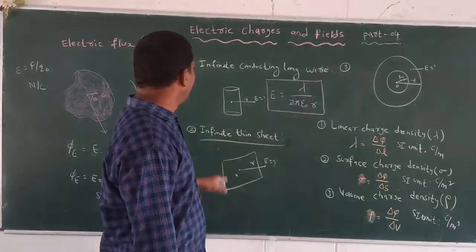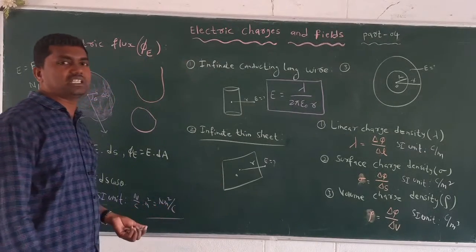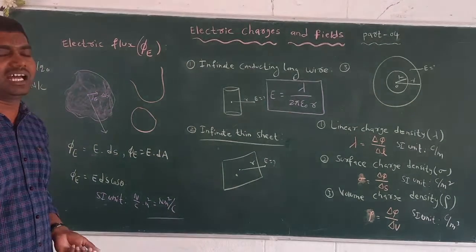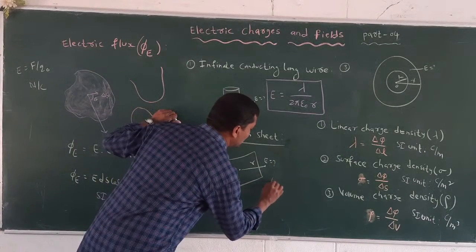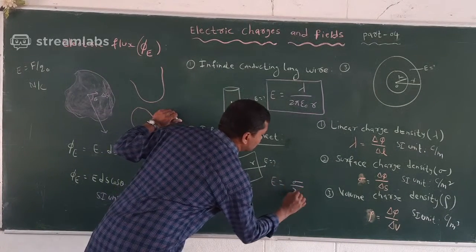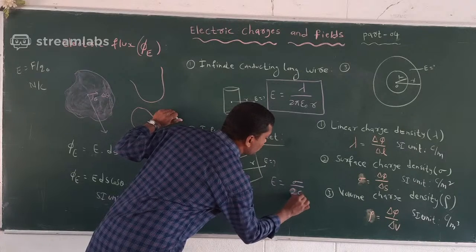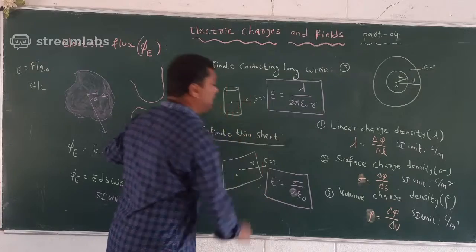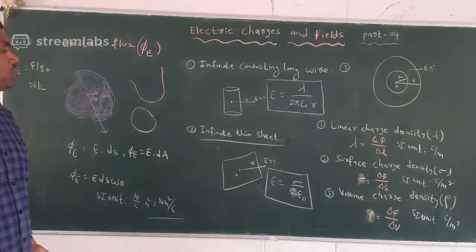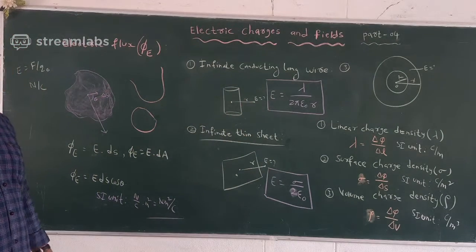And second one, we can take the infinite thin sheet, ఒక సమతల పలక వల్ల విద్యుత్ క్షేత్ర తీవ్రత. So I can write the equation E is equal to sigma by 2 epsilon naught.